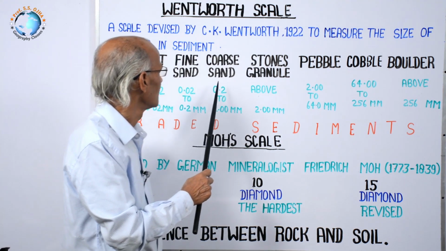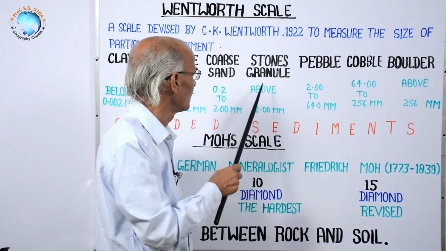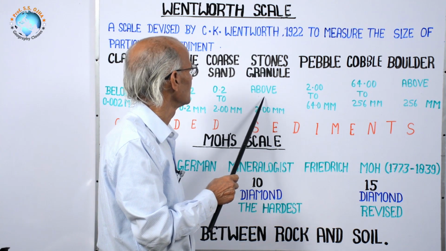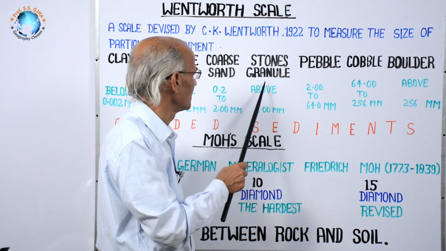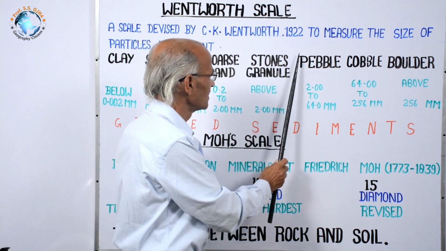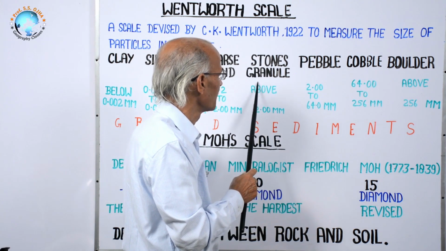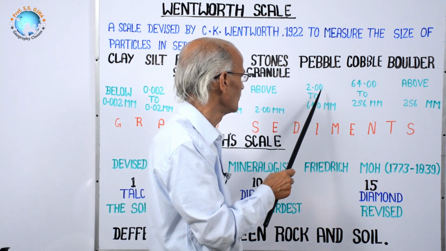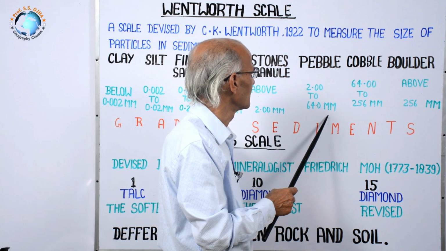Larger than coarse sand, stone granules are found. From here, stone granule means the size becomes above 2 millimeter. Then above 2 millimeter size, in this category there are three types of granules. Number 1, pebble, size is 2 millimeter to 64 millimeter in diameter.